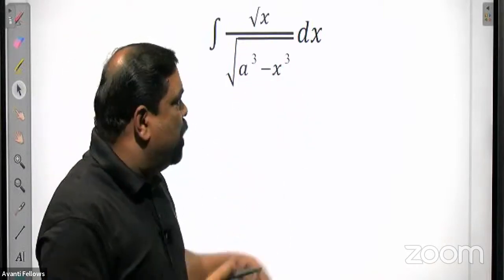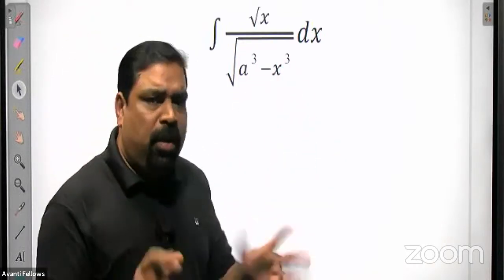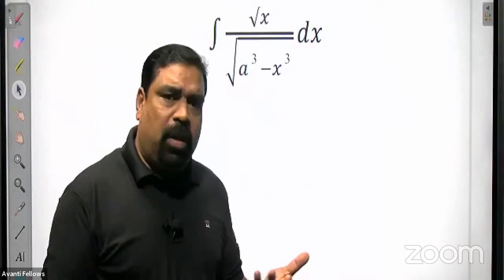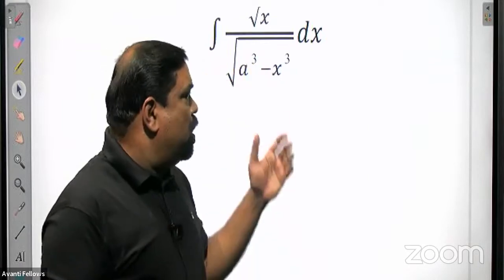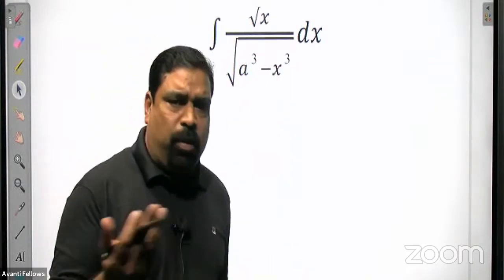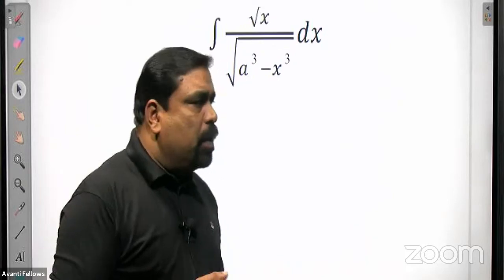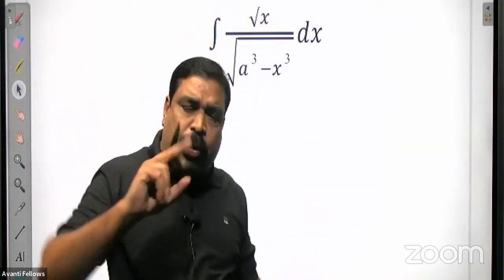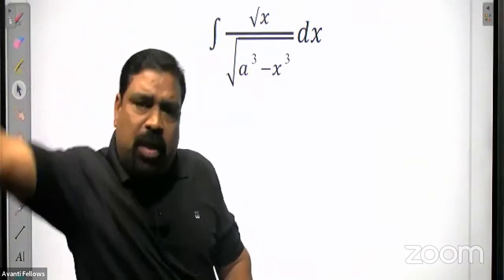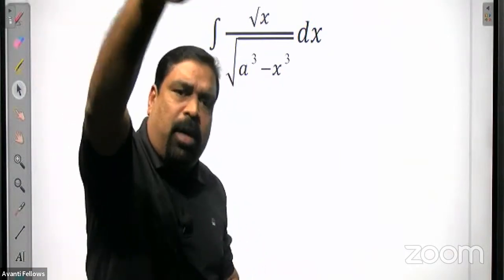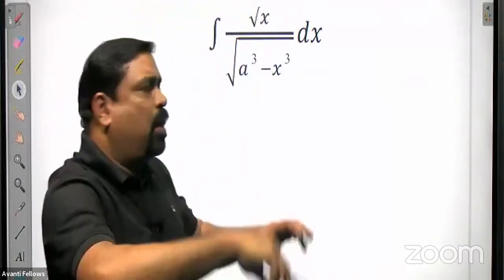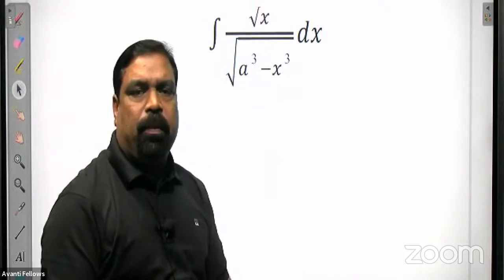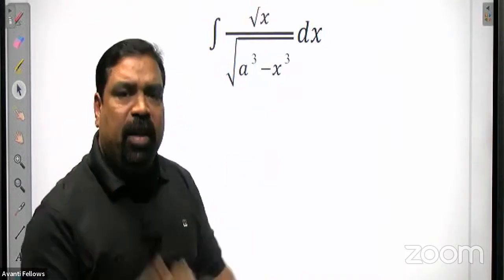If you simply substitute anywhere, you will not get anything. If I put x cube equal to t, what is the use? Or x square equal to t, no use. So if I substitute something as t, its derivative must appear nearly as root x dx. Some constant can be there, no problem.